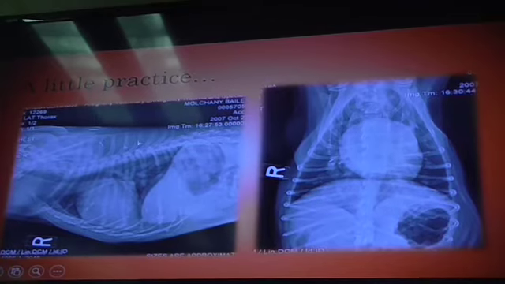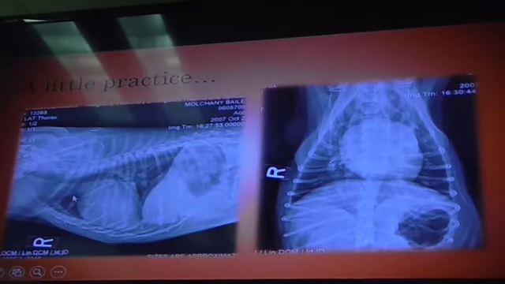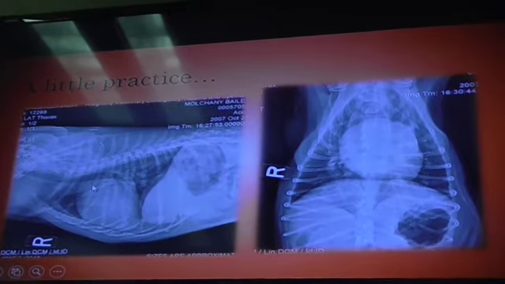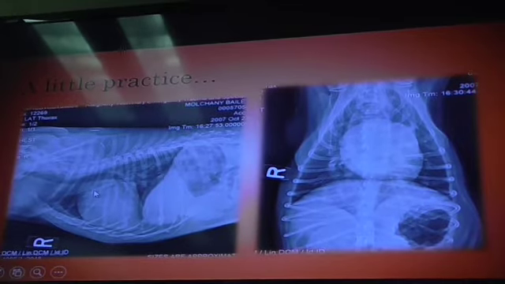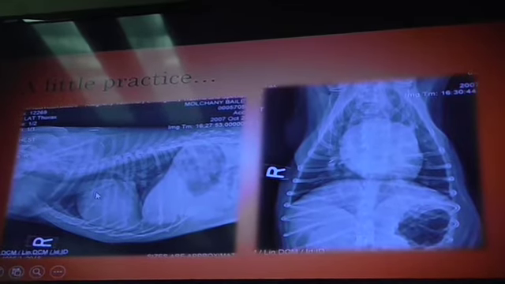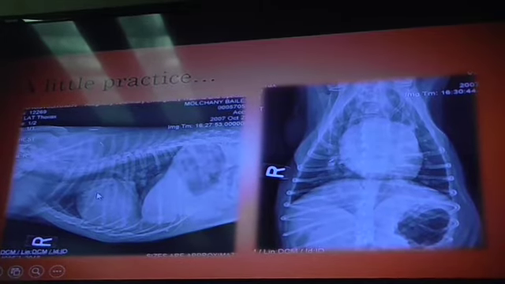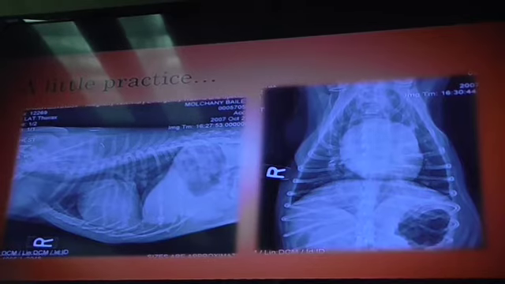So when we're dealing with laterals, we are assessing the cranial lobar vessels. Cranial lobar vessels start with artery, bronchus, vein from one side. Then the other side starts artery, bronchus, vein. There's going to be a vein and an artery superimposed on each other from the opposite sides.